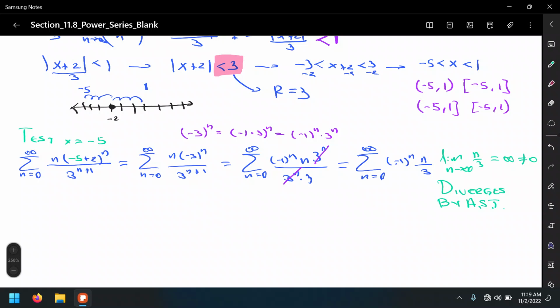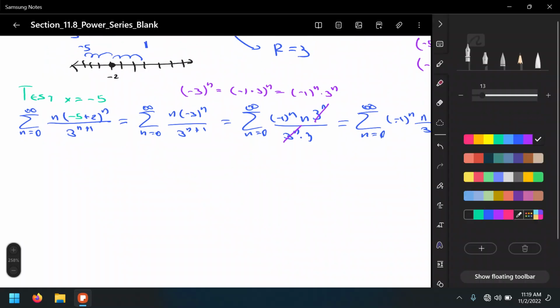So right away we can cross out two of the possibilities. So I can cross out the two possibilities that involve the -5 as inclusive. So now we need to check whether the series would be convergent for the upper endpoint x equals 1.